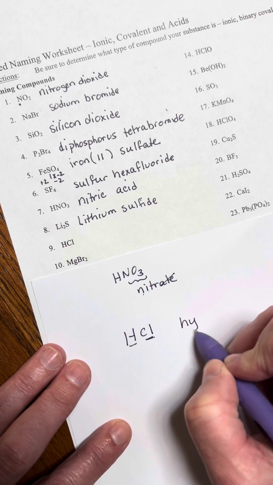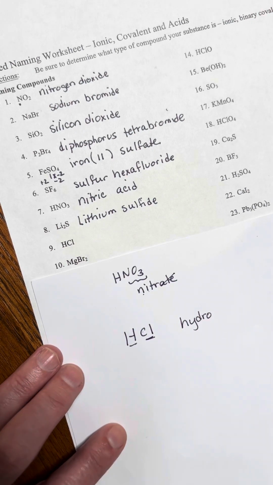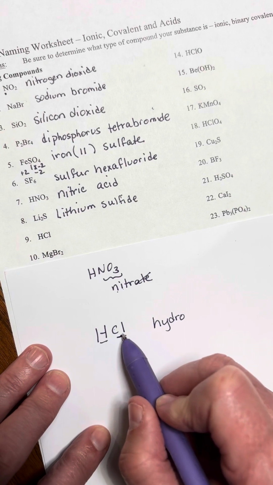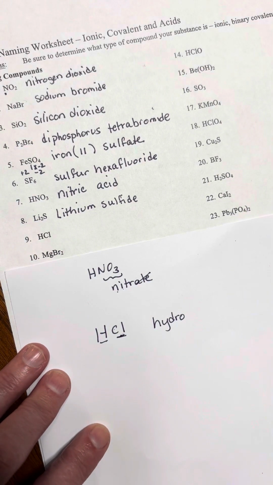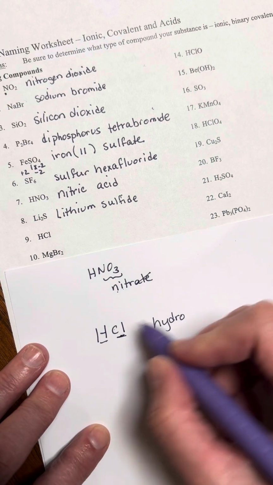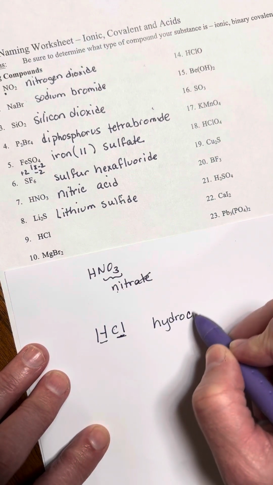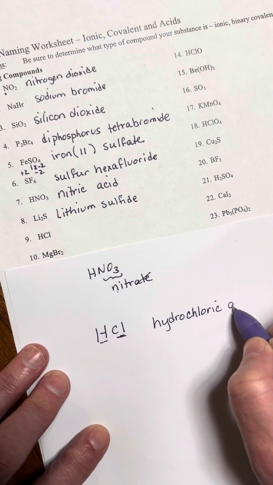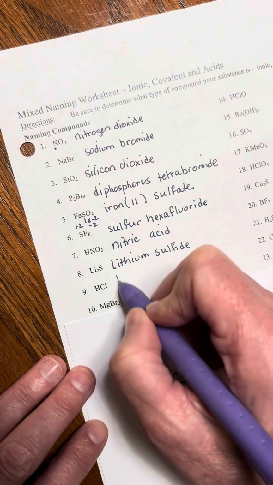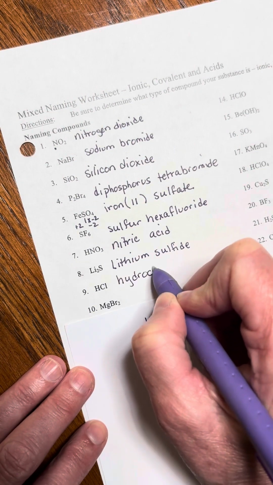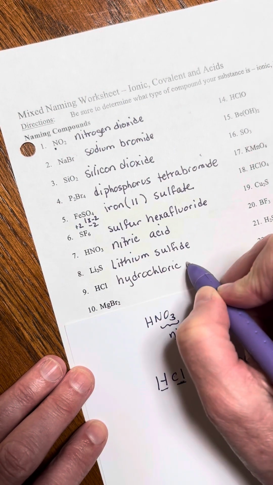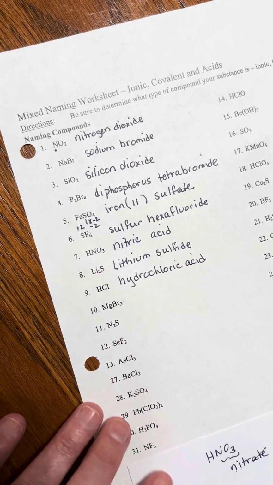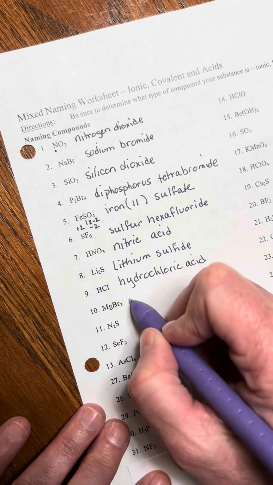So we need to use the prefix hydro to indicate that we have an element, just a nonmetal, not a polyatomic ion that follows our H. So hydro, the stem of chlorine is going to be CHLOR, and then we end it with ic acid. So hydrochloric acid is number 9. Number 10, magnesium, it's a metal.